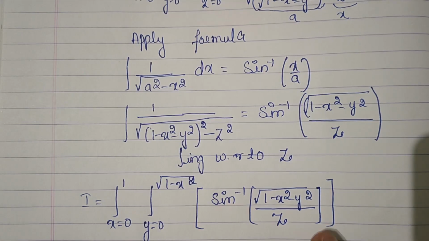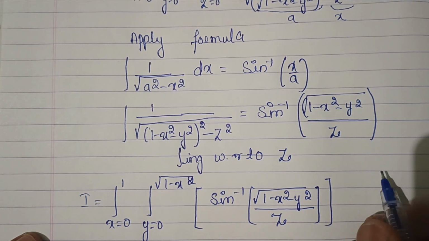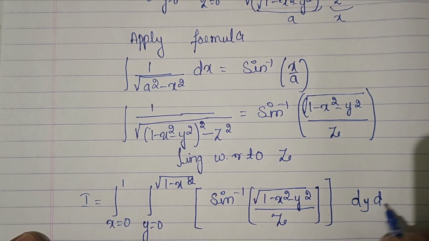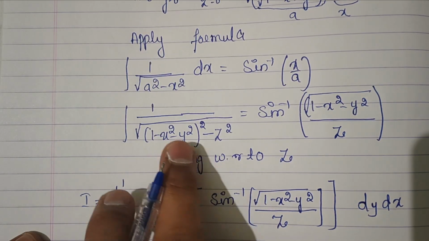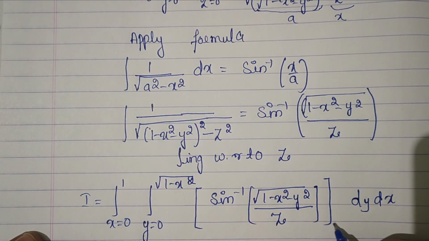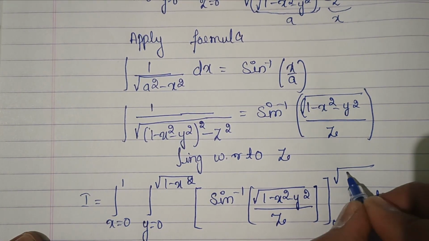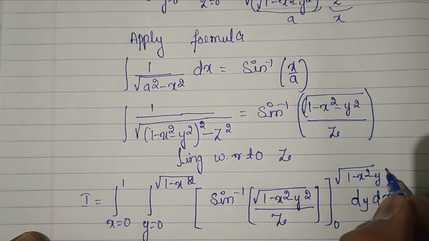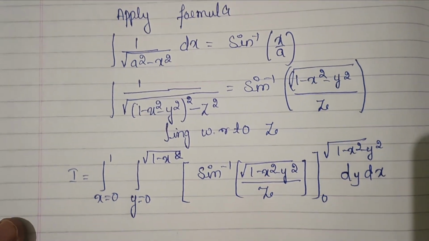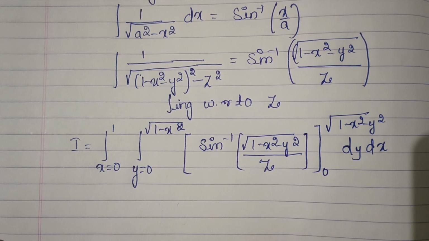Okay, so here we can apply the limits. We can write dy dx. What are the limits for this one? That is 0 to root of 1 minus x square minus y square. So we should apply upper limit minus lower limit.